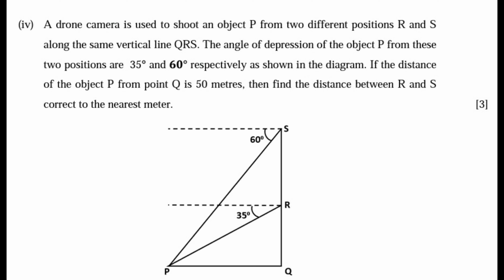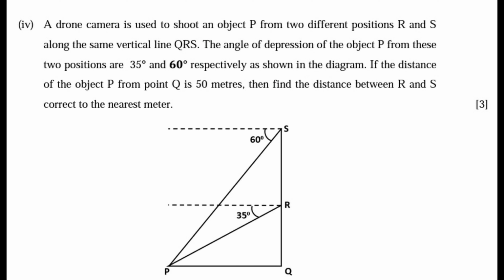A drone camera is used to shoot an object P from two different positions R and S along the same vertical line QRS.